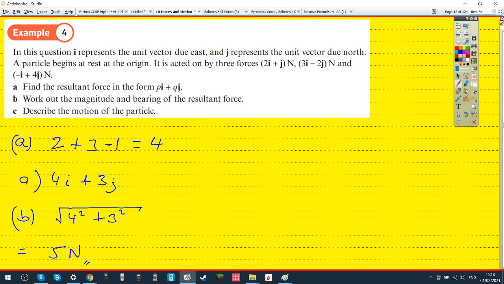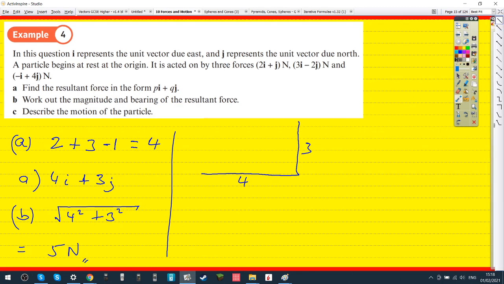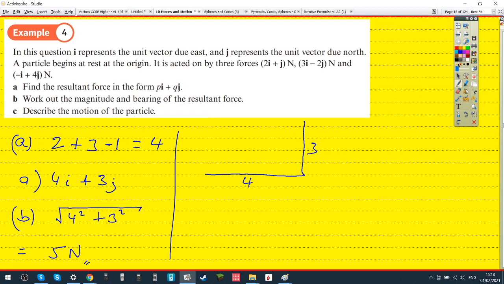So that's 5 newtons overall. They want the bearing. So the angle. Yep. So is the bearing just the angle in between 4 and 3?